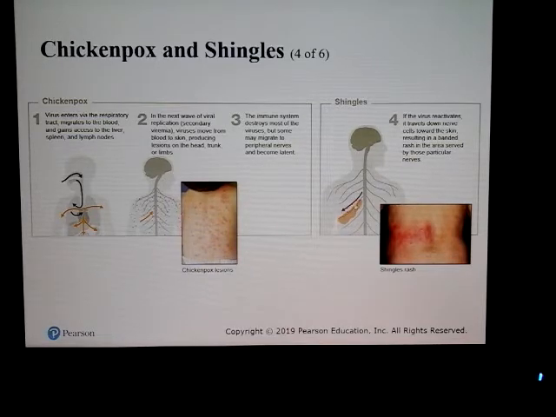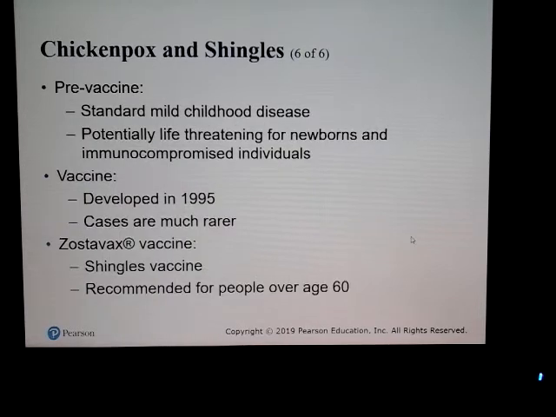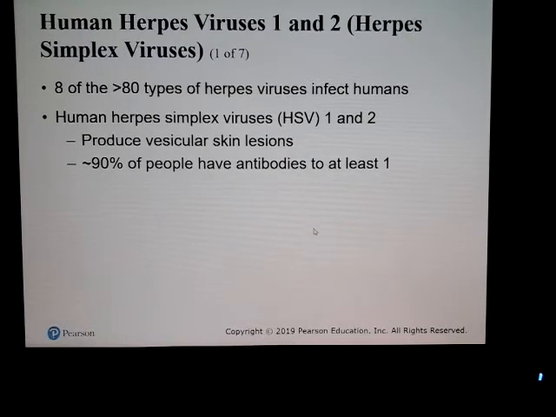The virus can actually go to one side of your body, and then you would have a rash like this, which we would then call shingles. So there are some vaccines available out there, guys. There was one developed in 1995, and for shingles, we have Zostavax vaccine. It's recommended for people over the age of 60.